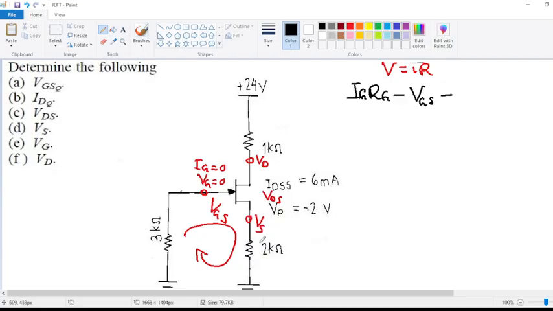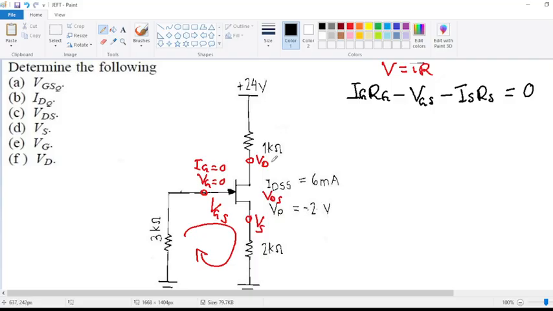So we multiply the current that goes through here, which is our IS. The source current is the one that goes through this source here. So we multiply the source current together with the resistance given at this source, which is the 2K. So we're going to have our IS multiplied by RS, which everything has to give us equals to 0.